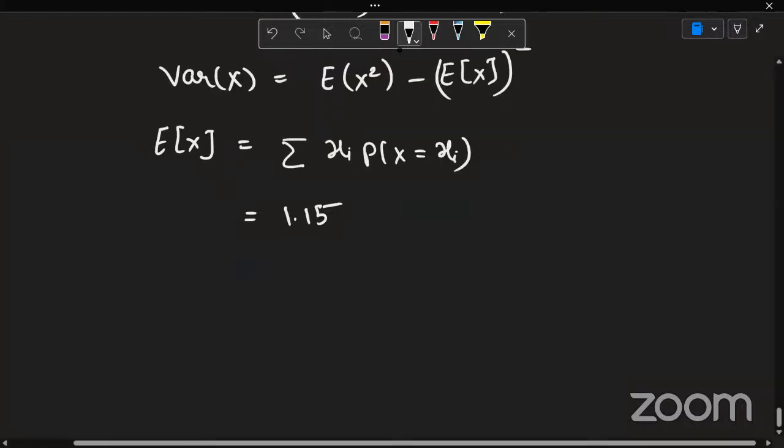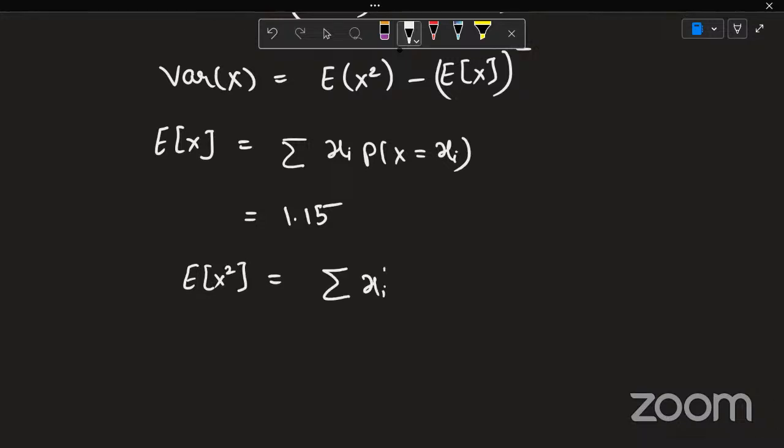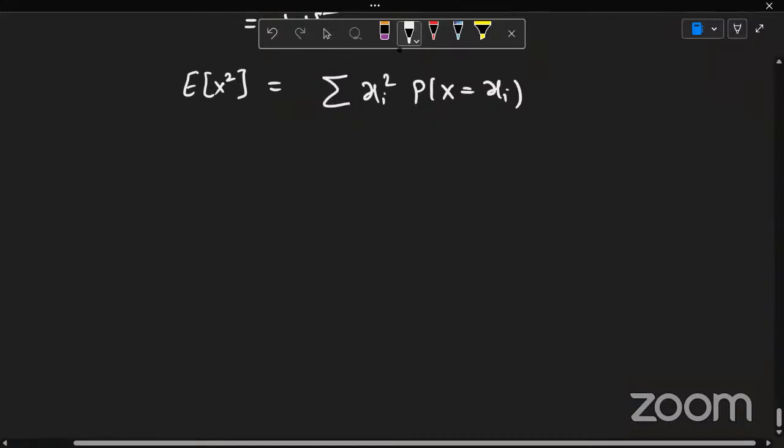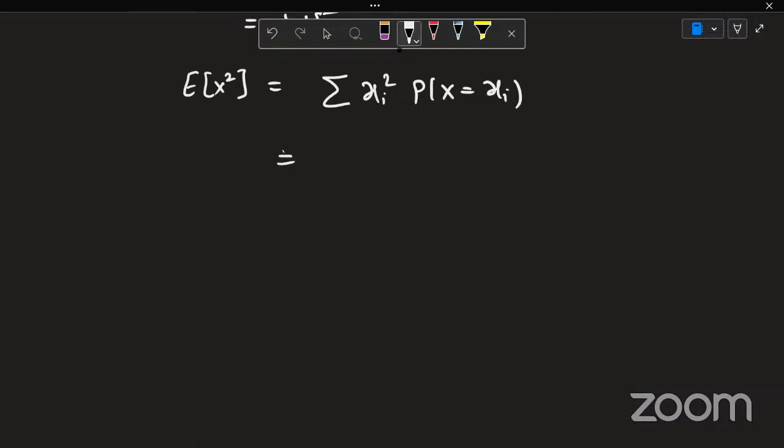How will you calculate expectation of x square? Squaring the variables and then multiplying. Yeah, xi square into probability of x is equal to xi. This also you can calculate, and this value will be some 2.9. You do your calculation, so it will match, I guess.